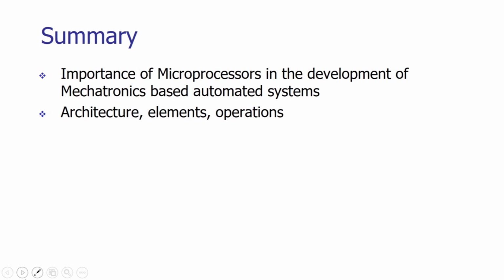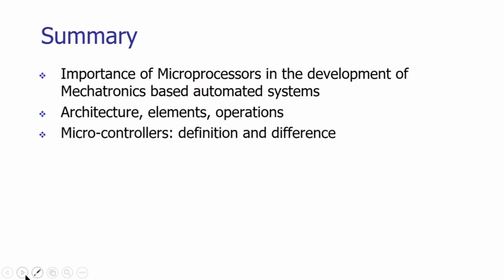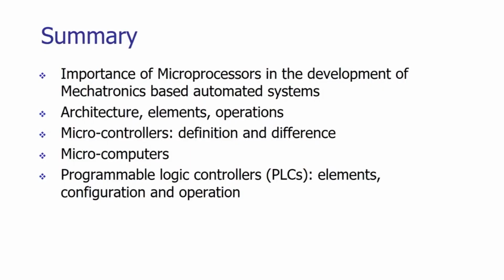The operations of these modules and elements have been studied. After that, we learnt about the microcontroller, its definition and its difference from the concept of the microprocessor. Then we have also seen microcomputers, their meaning, and finally we studied the PLCs, that is programmable logic controllers, their elements, configuration and operation.